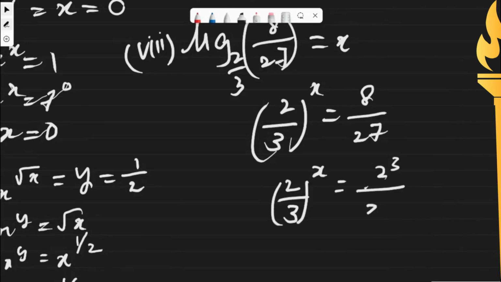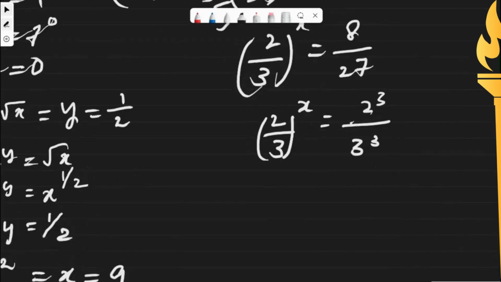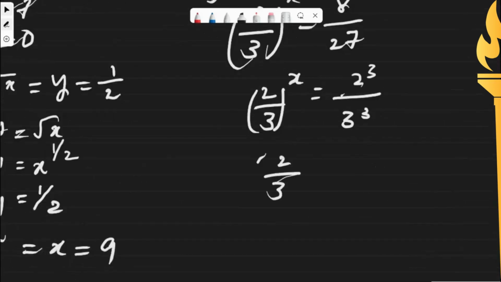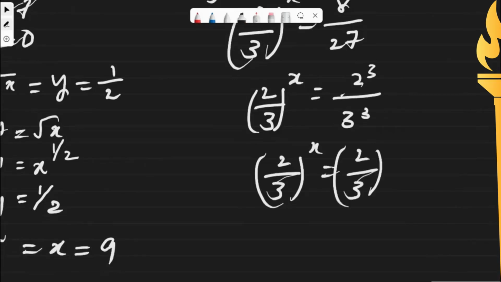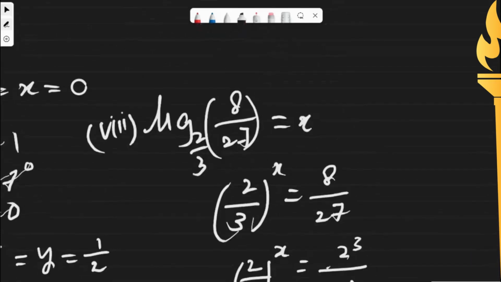So 2 cube by 3 cube can be written as 2 by 3 whole cube. Again similar to the above sums, bases are equal. Equate powers, x equal to 3. Therefore log 8 by 27 base 2 by 3 will be equal to 3.